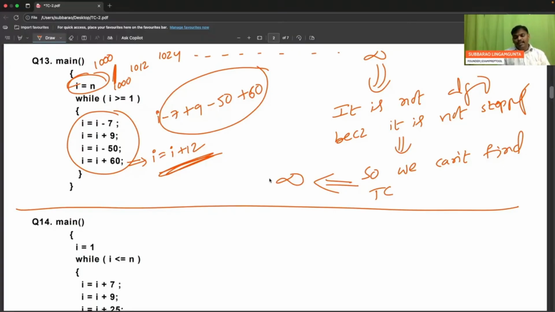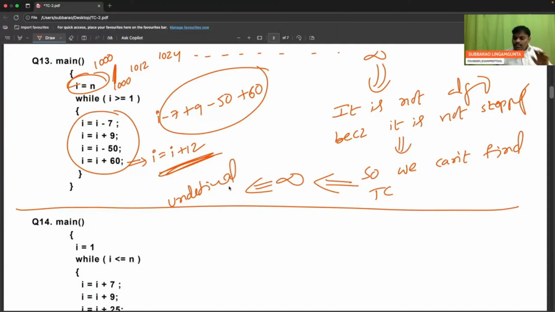Yes. 1024? Yes. 1036? Yes. Continue. Infinite time. So the time complexity of this program is undefined. Undefined means infinite. It is not an algorithm because it is not stopping, so we cannot find out time complexity.